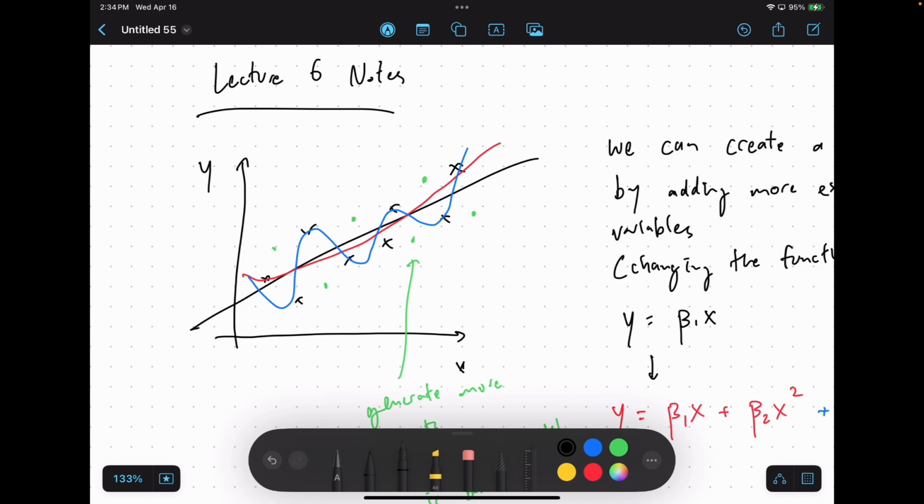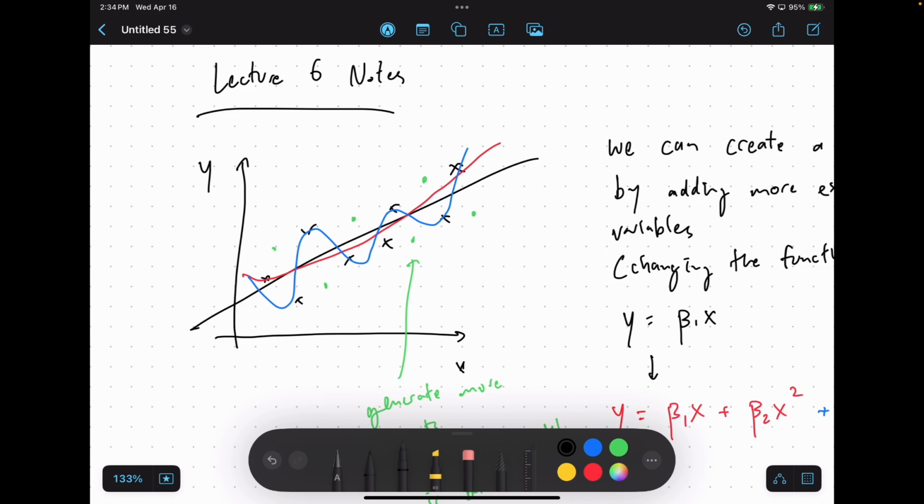And then when I think about the spread of data as it relates to each of these models, you can see that as I make the line more squiggly, and you can think of it even as more extreme going up and down, the distance of, let's say, the green points from my model fit starts to increase.